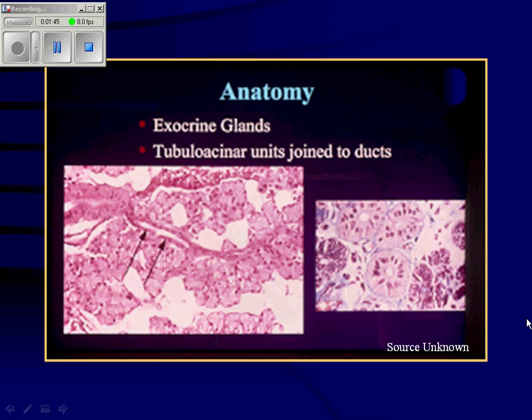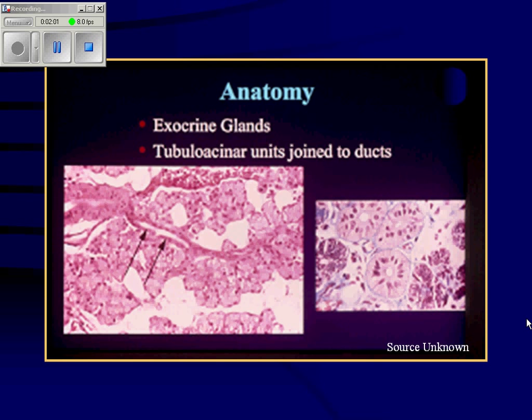The basic salivary glands are what you call exocrine glands, and that just means that they don't secrete things directly into the bloodstream, rather into their own ductal system. And of course we know that all ends up in the oral cavity.